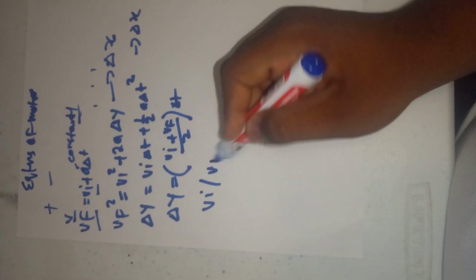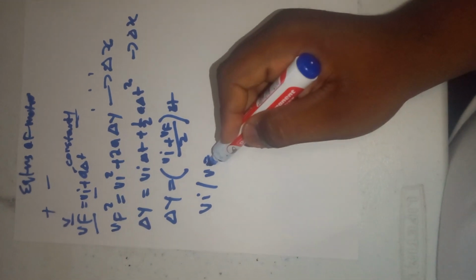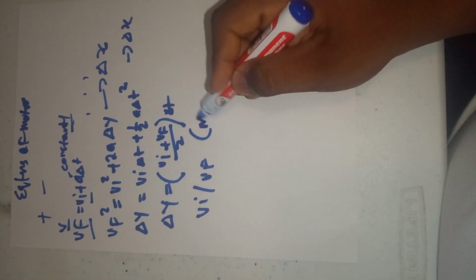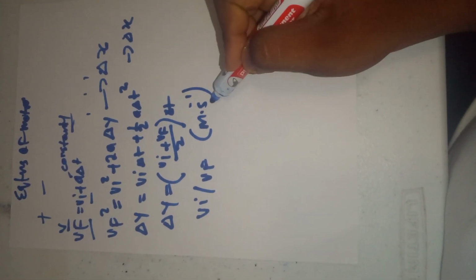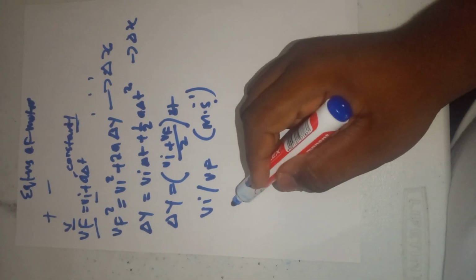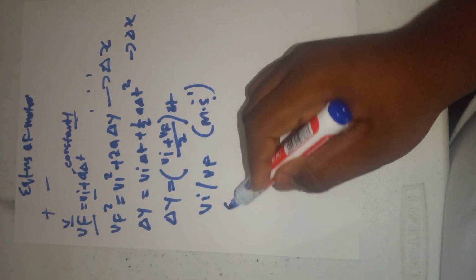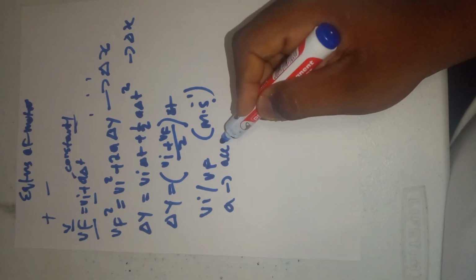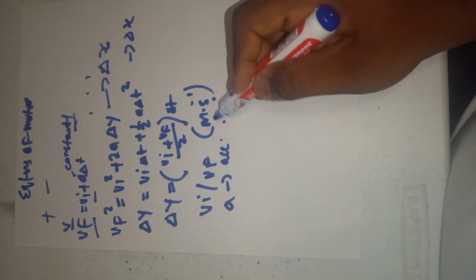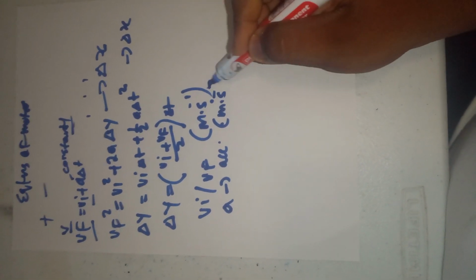That's how it is. So vi and vf, initial velocity and final velocity, are measured in meters per second. Is it fine? And then a is acceleration, which is measured in meters per second squared.